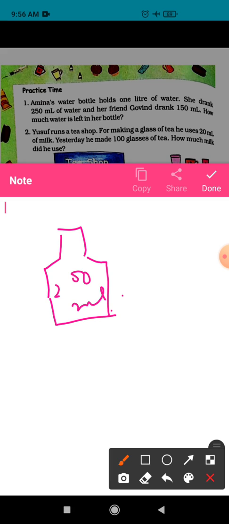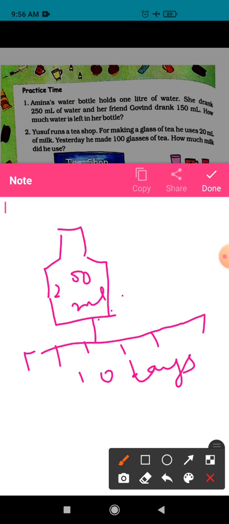And this 200 ml of medicine is used for 10 days. One, two, three, 4, 5, 6, 7, 8, 9, 10. 10 days. Children, it means you are dividing this much medicine equally for 10 days.